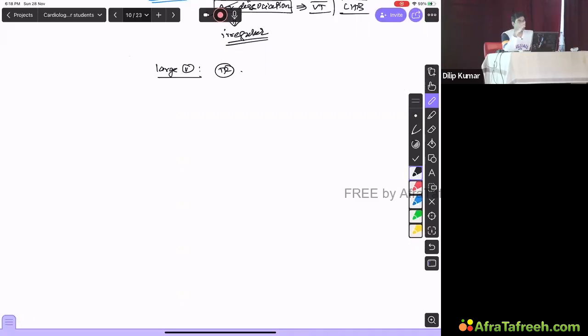The typical characteristic example is TR. But Epstein's anomaly is a condition where you get what? TR. Okay, you will get TR in Epstein's anomaly. But despite having significant TR, you won't get a large V wave in Epstein's anomaly. What is the reason?